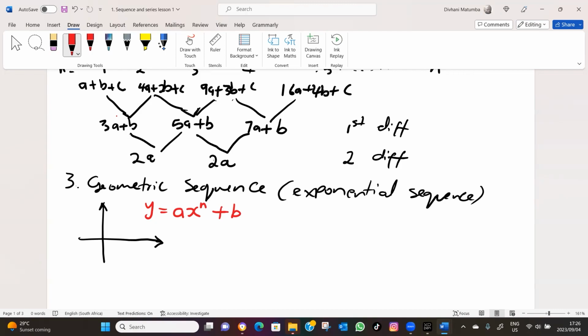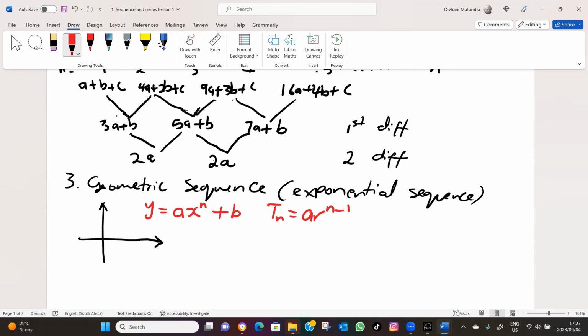Now, in this syllabus, your sequence function will be given by a r to the power of n minus 1.